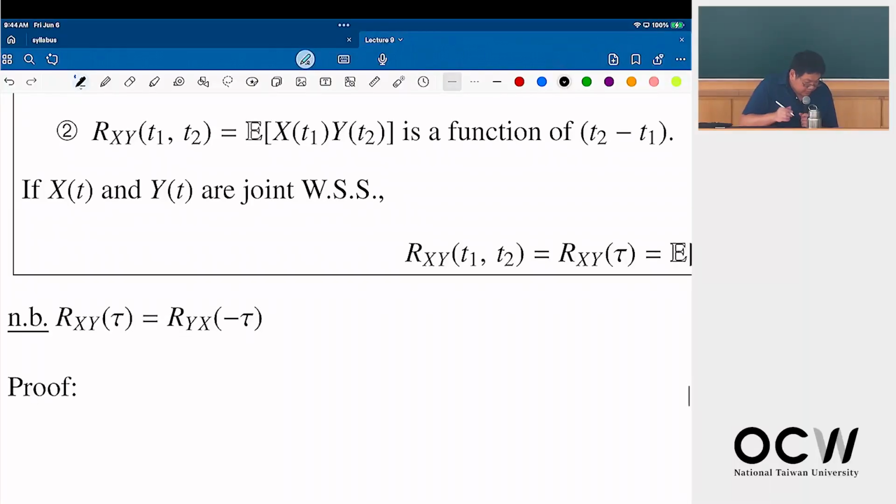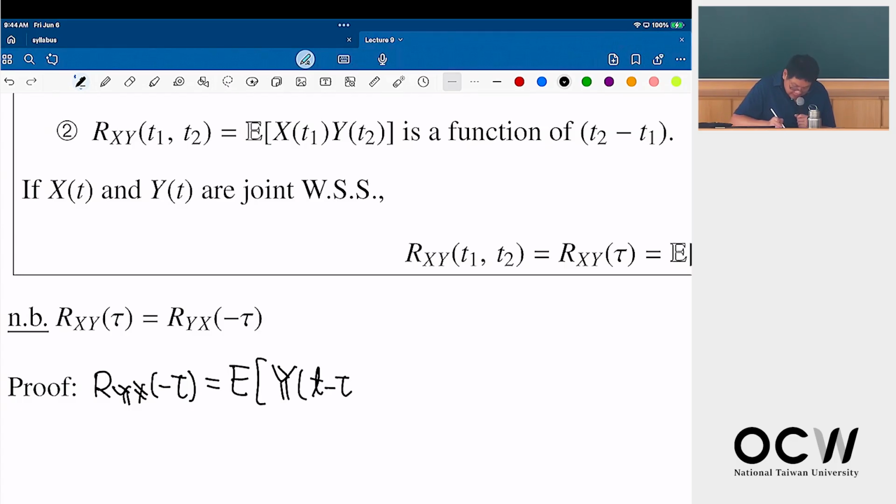If I have YX, that's minus tau. That means in the expectation, first should be Y, second should be X. T minus tau times X of T. In that case, the first one minus second one, I'll get minus tau.